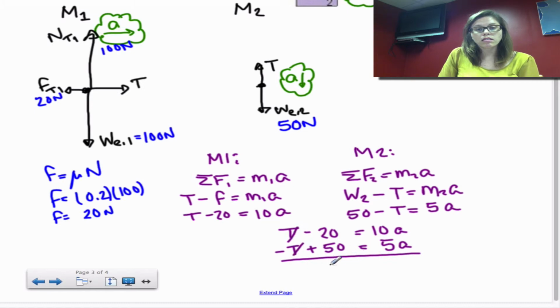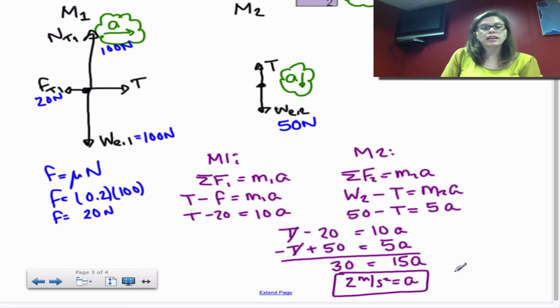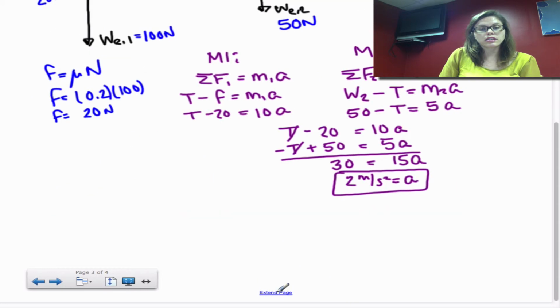T's cancel out, so 30 is equal to 15a. So 2 meters per second squared is equal to a. Okay, and then if we want to solve for the tension, we can plug it back into one of the equations.